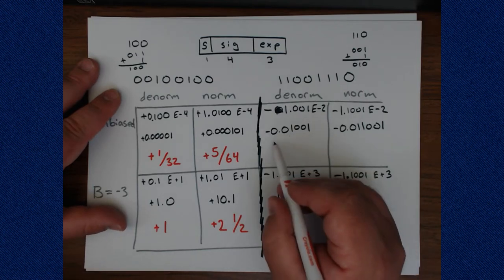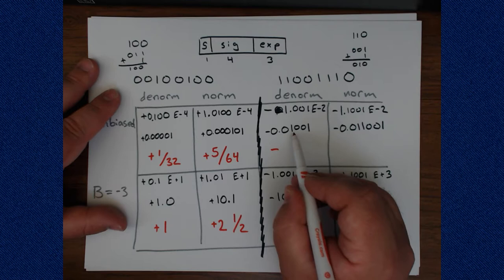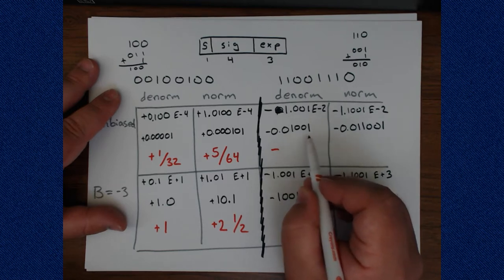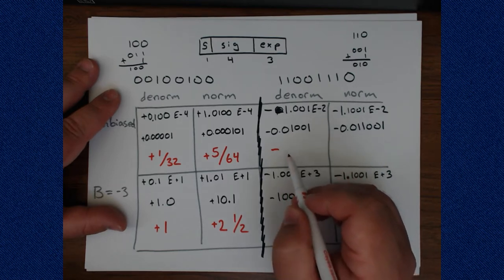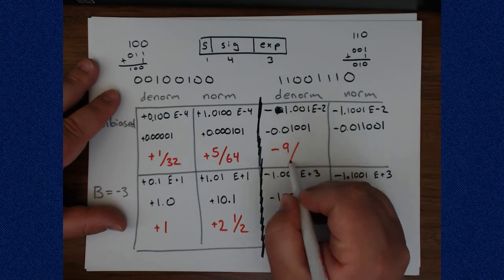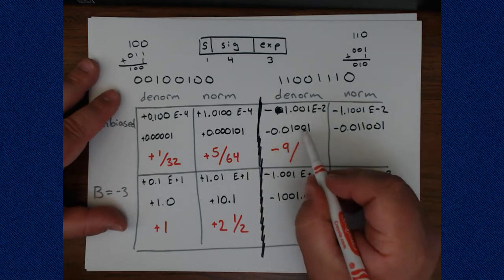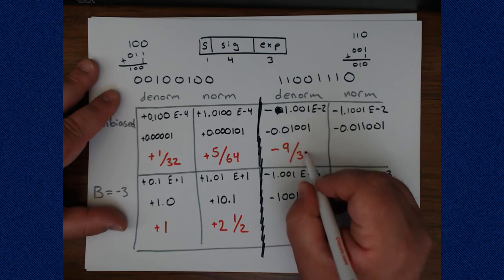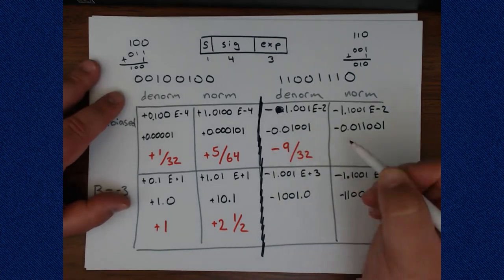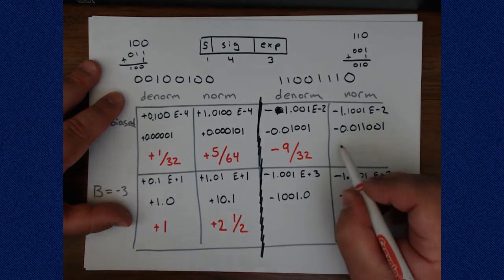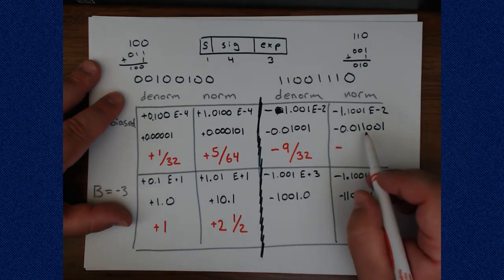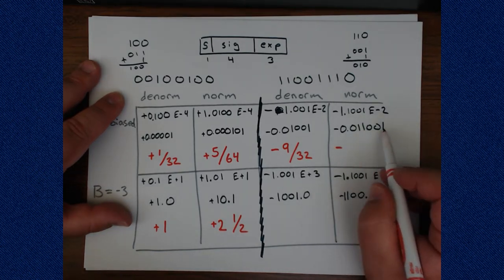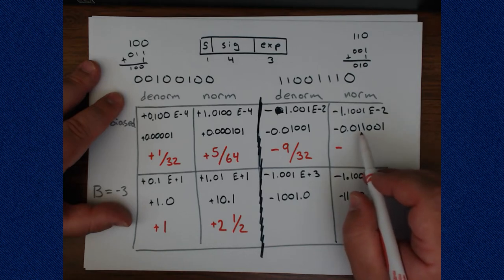On this side, let's take this value here, and we've got negative, and it looks like a 9 to me. This is 8 plus 1, so it's -9 out of 1, 2, 3, 4, 5 bits. 2 to the 5th power is 32. So this is -9/32. Over here we have a negative, and this has the 8 and 1 is 9, but then also bit 16 is there.